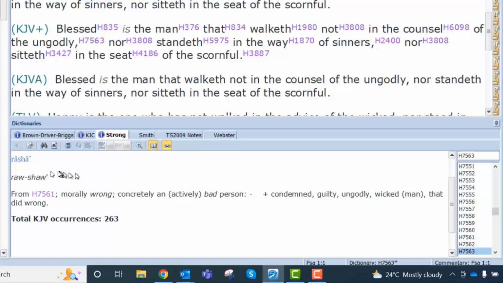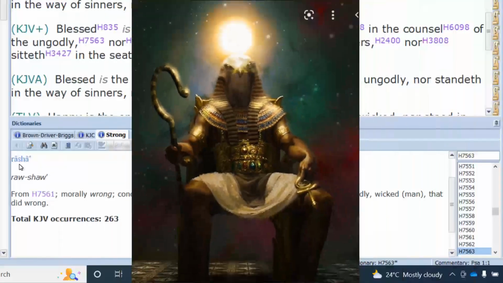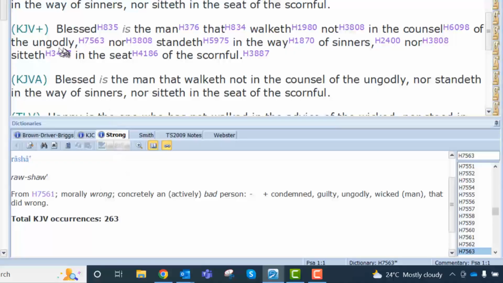Now, Ra, for instance, is the sun god of the Egyptians, Ra. So anything that has to do with evil or wrong or bad will always have the word Ra in it. So Rasha, the word ungodly in the Hebrew, means to be morally wrong, to be a bad person, to be guilty, to be ungodly, and so on.